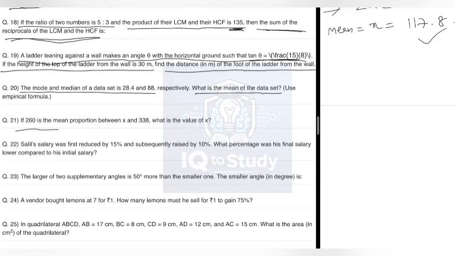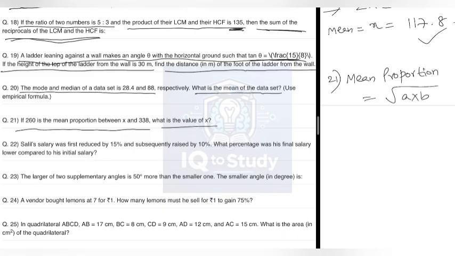If 260 is the mean proportion between x and 338, what is the value of x? Here, the mean proportion formula is square root of AB. Let x be A and 338 be B. And the value is given as 260.